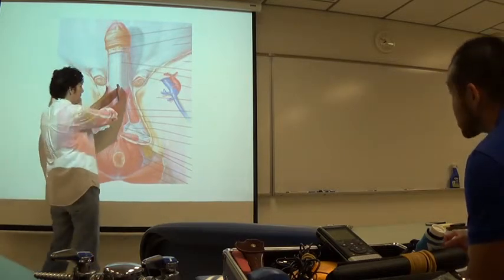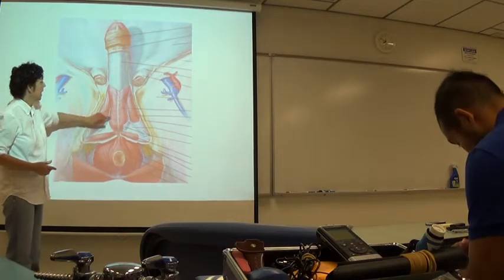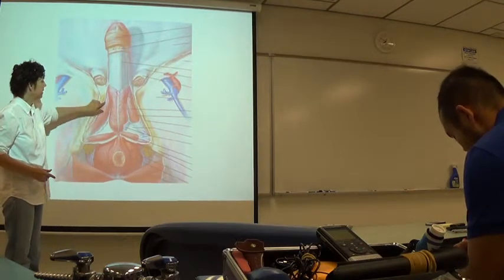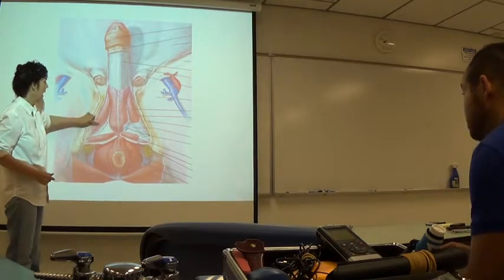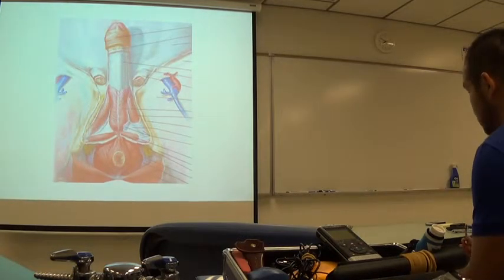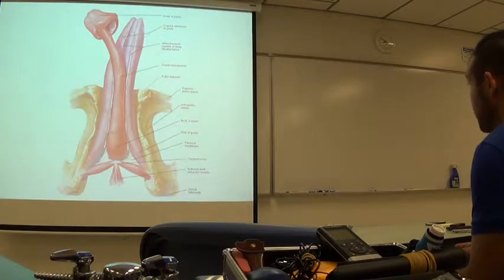So remember, we're back to that pubic angle again. Here is the base of the penis, and our erectile tissue, this is erectile tissue, this is erectile tissue, and we have two sets of muscle that cover that erectile tissue. We'll come to that back in a minute when we talk about regulation of this. So we remove the muscle and remove the fascia, and now we see the actual erectile tissue. So what do we mean by erectile tissue?